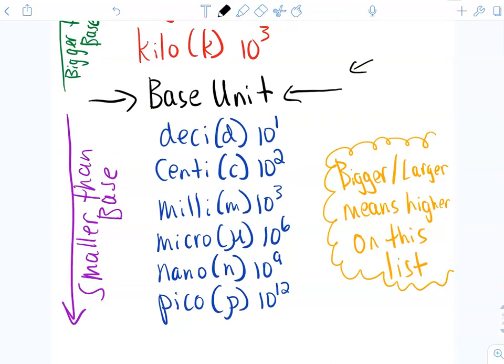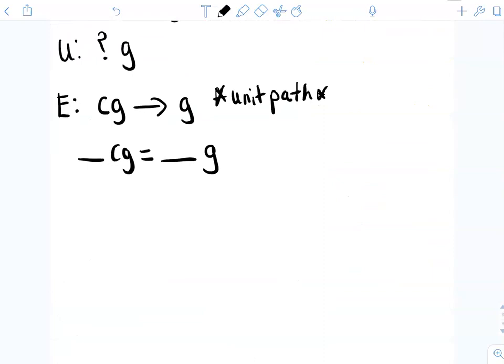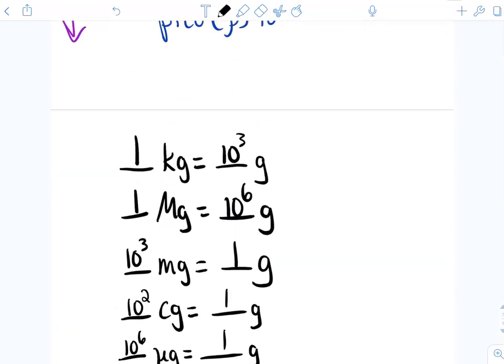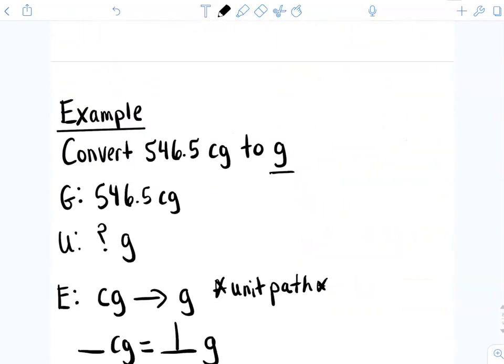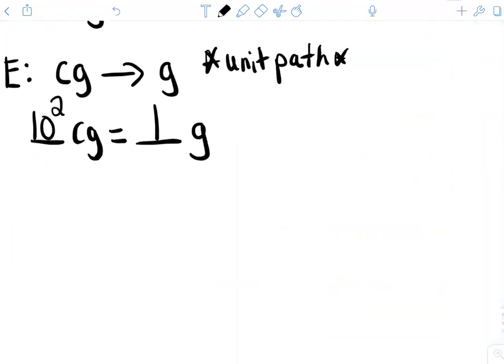So gram is here, centi is here, gram is bigger, so it's going to get the 1, and then the centi is going to get the factor. In this case, the factor is going to be 10 to the second. Okay, now we can go through, we can substitute in and solve.